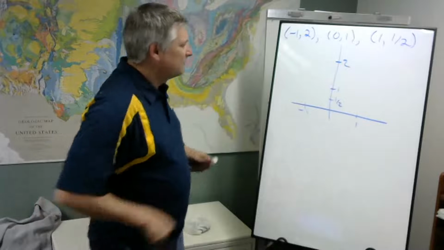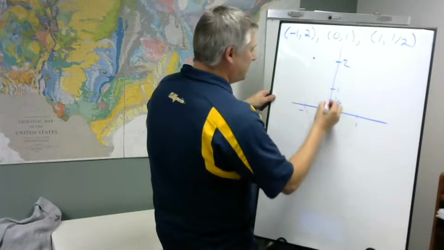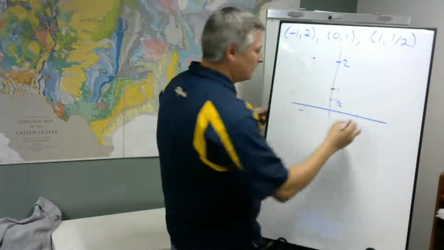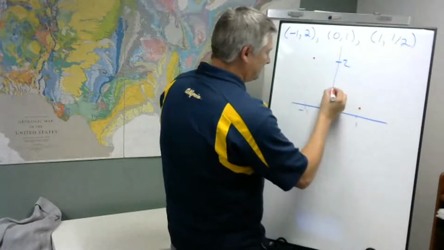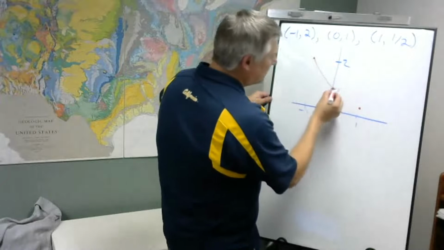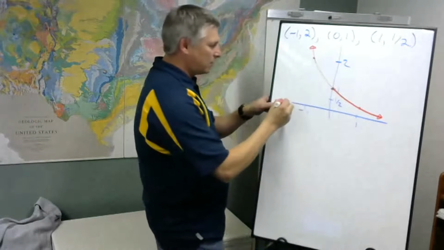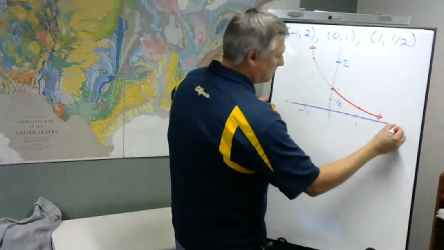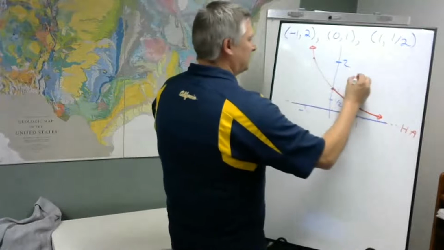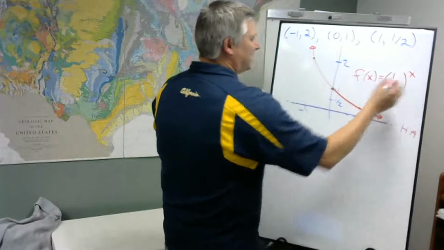We have negative 1 and 2. Again, we have 0 and 1. That's always going to be there, unless we do a transformation. We have 1/2. If we connect these going left to right, it's going to swoop down like this. And then we have a horizontal asymptote that, again, we're not going to cross. And so this is f of x equals 1/2 to the x.